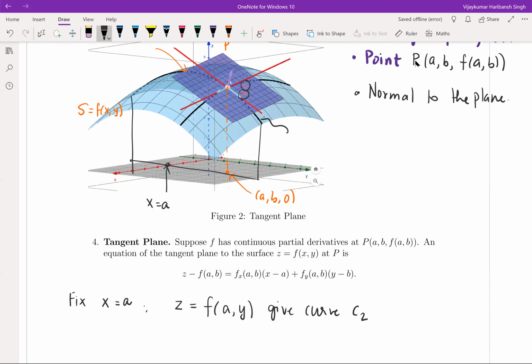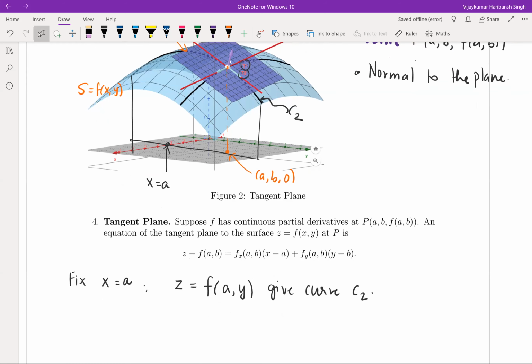So this curve here is curve C2. Now, what is the vector equation of this curve? The equation of C2 is, let's call it r2 of y. We can choose to parameterize it by y. x is fixed at a, y is y, and your z coordinate is f of a, y.